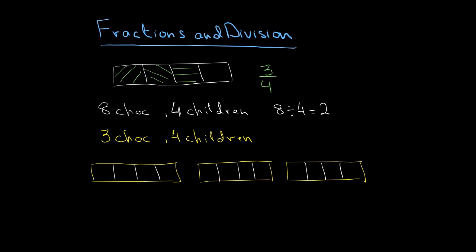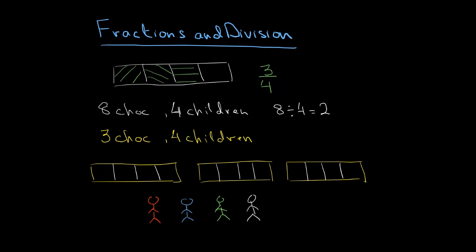So what I'm going to do is take a piece from each chocolate for each child. So there's maybe a red child, a blue child, a green child, and a white child.